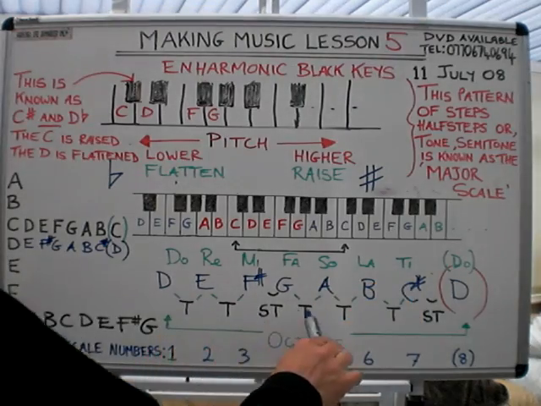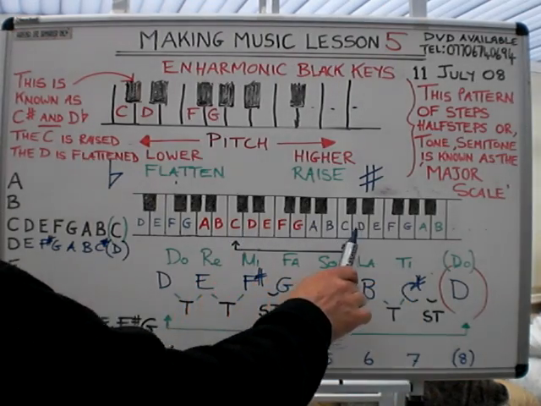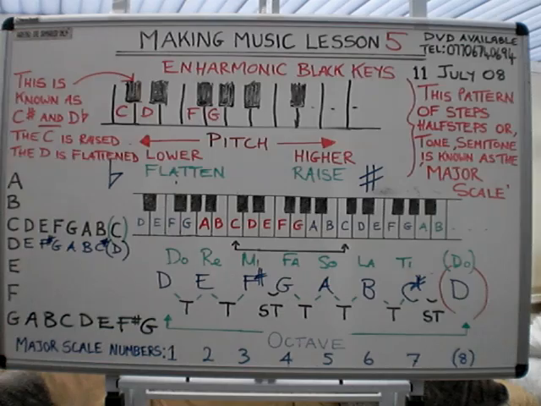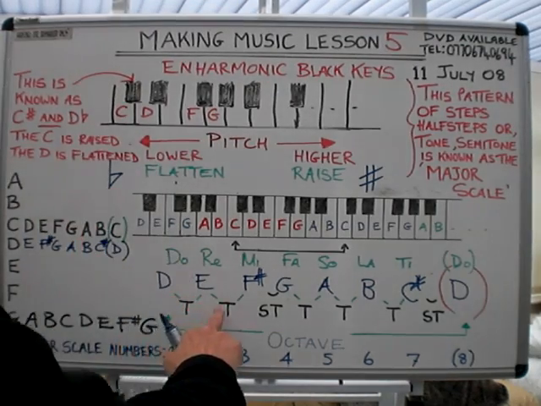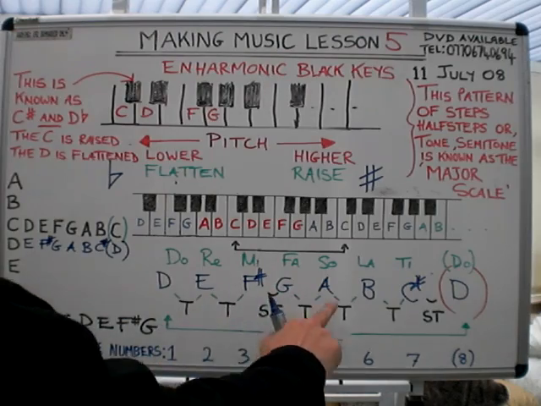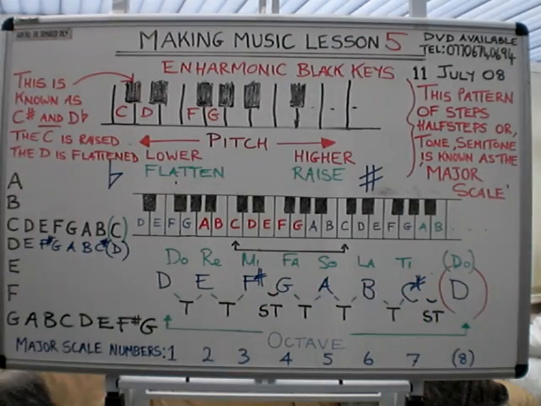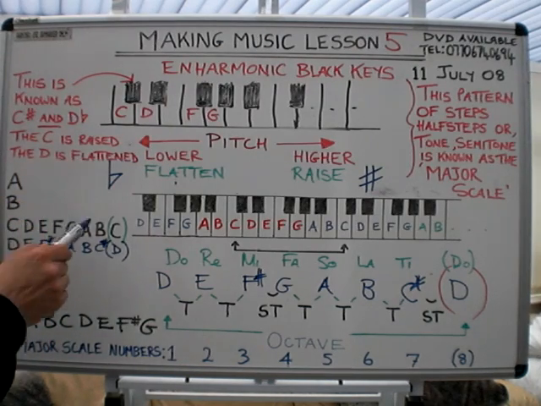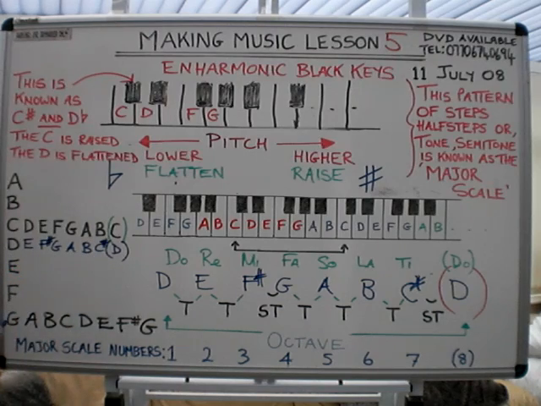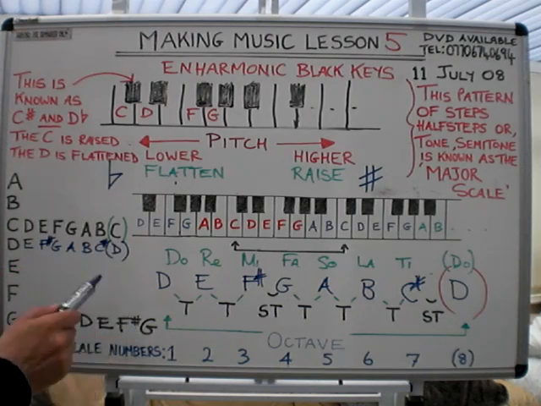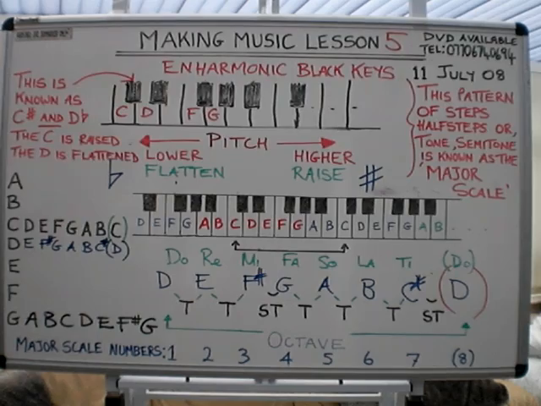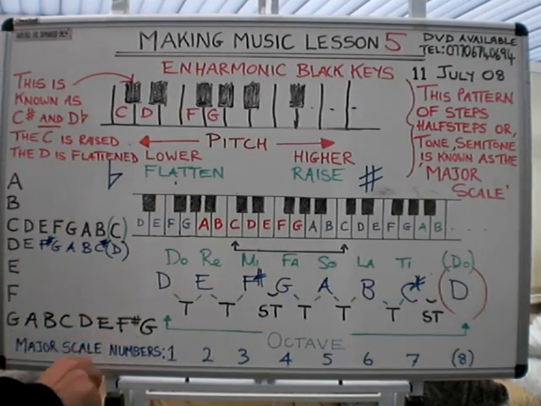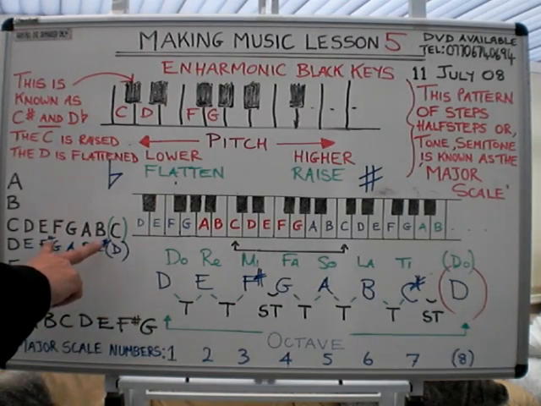We establish that from the pattern from D to D of tone, tone, semitone, and so forth. This structure never changes. We're going to eventually apply it to all of these, A to A, B to B. We've already done C to C, D to D, and G to G. So we ended up with one sharp there, and two sharps here.